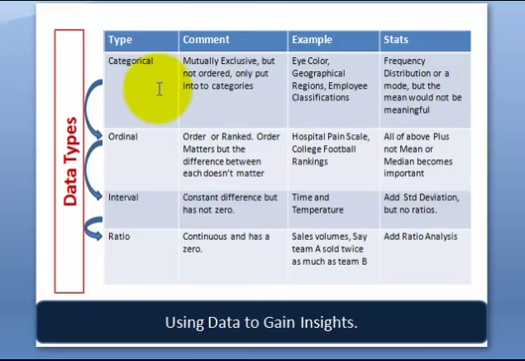So a categorical is something like eye color, geographic region, employee classification, where there are different categories of them, but they're not ordered in any particular way. For example, green isn't ordered ahead of blue eye color, etc. And the reason this becomes important to us is as we start to apply different statistics, some of these mean something for certain data types.